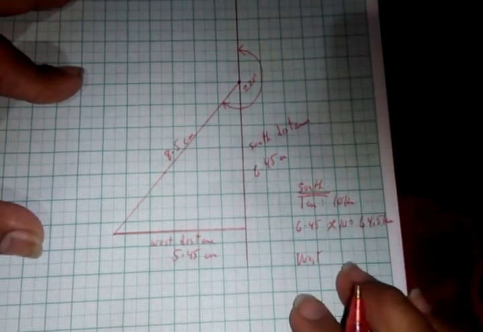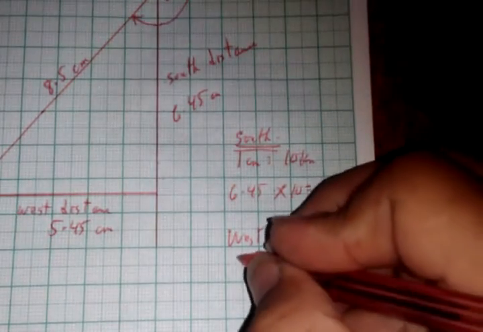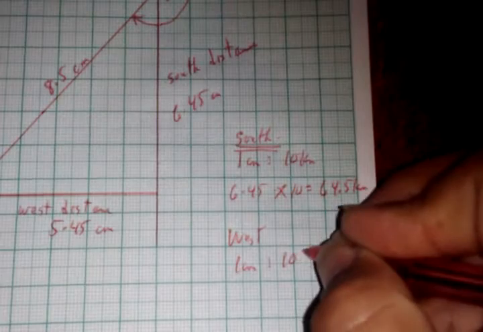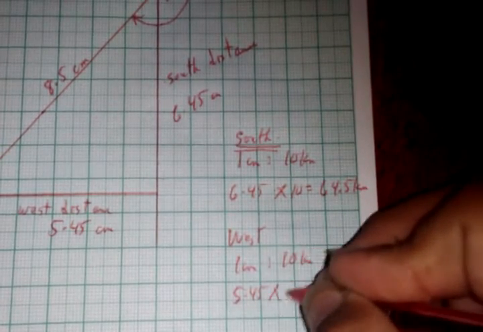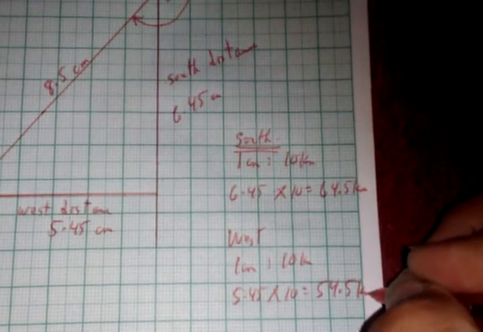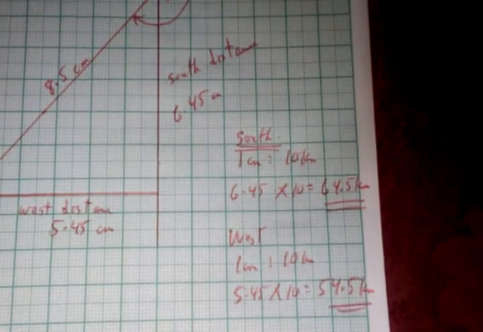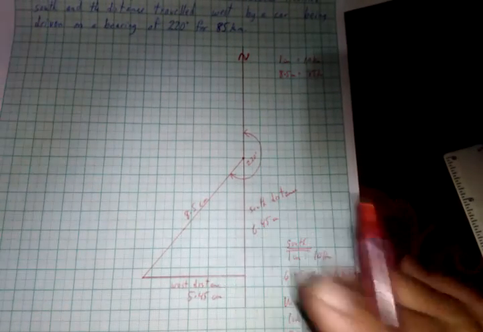Well, we know that for west, we have 1 centimeter to represent 10 kilometers. So 5.45 times 10 will give us 54.5 kilometers, and that's our distance. So this is calculating our distance south and west. Our diagram is slightly different from the previous examples.